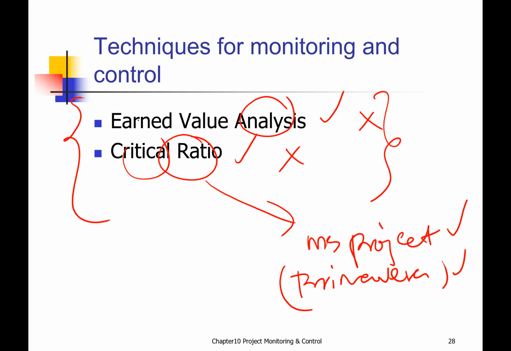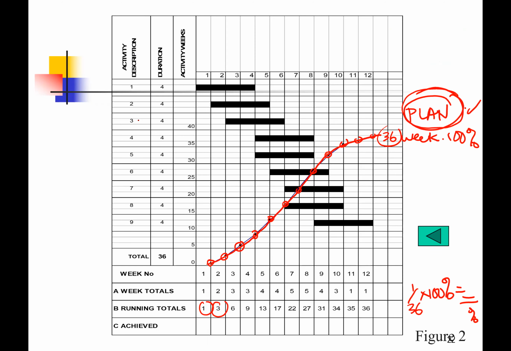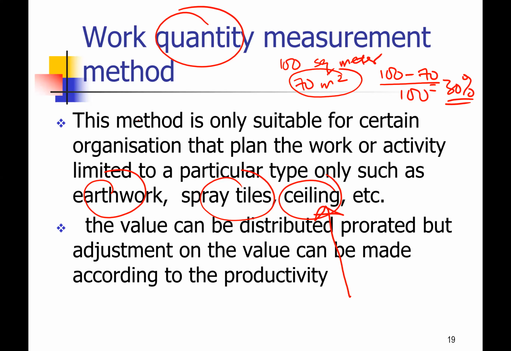Okay, so our lecture basically just gives you a simple definition of what monitoring and control are, examples of types of measurement: time, cost, labor, and work, and then what could be the control. Control is how we react, and control also has a lot of techniques and methods, and we do not go into that detail.